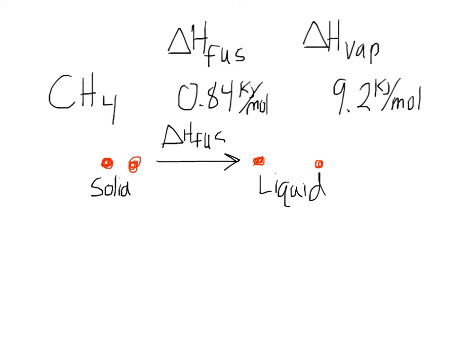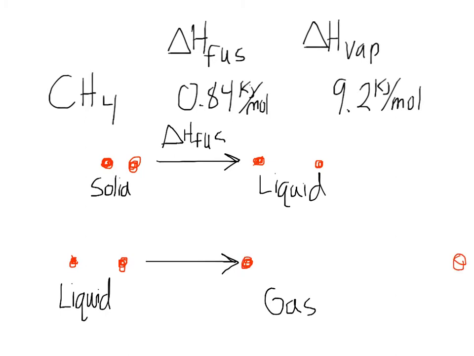Now, if we were to talk about the enthalpy of vaporization, we have a liquid, so we'll make it the same distance as the one up there. So here's our liquid. And then we want to take it to a gas. To take it to a gas, the distance between two gas molecules and two liquid molecules is very, very, very different.